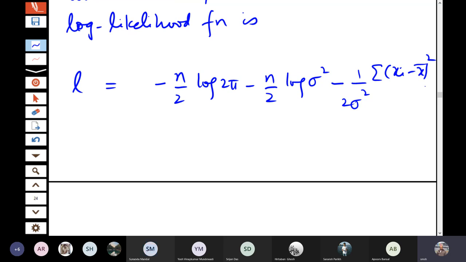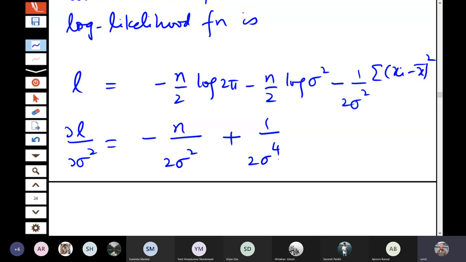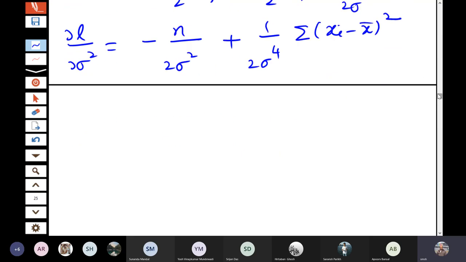Now the job is to maximize with respect to sigma square. So let us consider the derivative with respect to sigma square, that is minus n by 2 sigma square plus 1 by 2 sigma to the power 4 sigma xi minus x bar whole square.